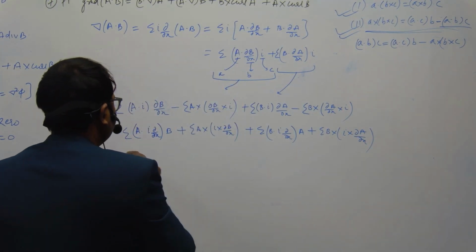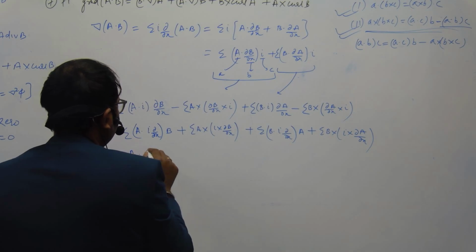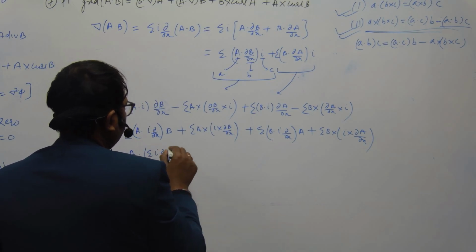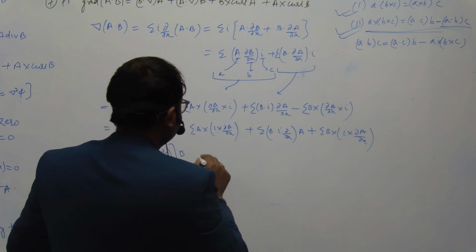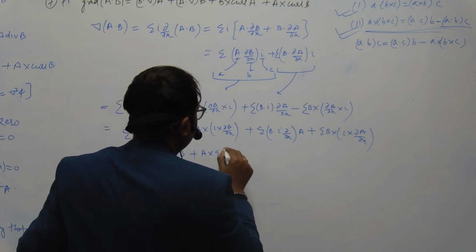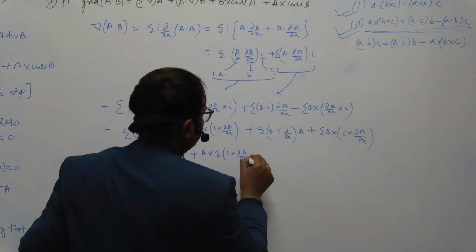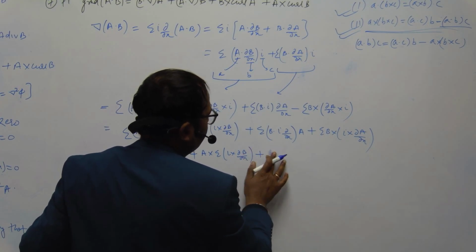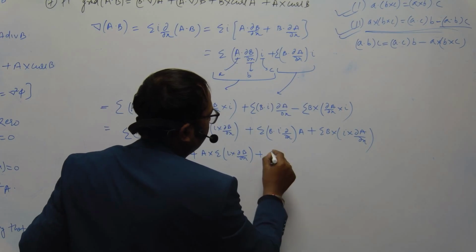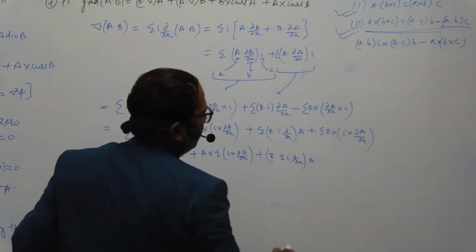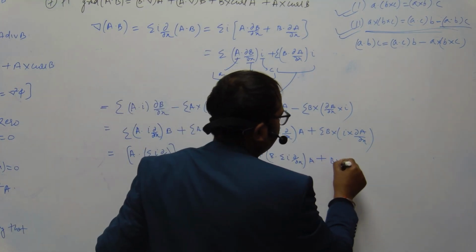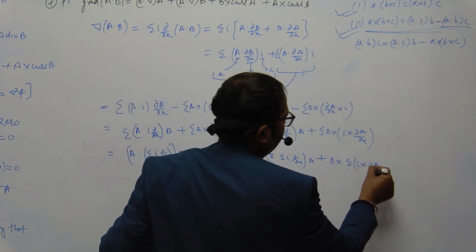Okay, so now let us further simplify this. So we have this as A dot summation I del upon del x. We can take A out because it is independent of summation, and this is B, plus A cross summation I cross del B upon del x, plus B dot summation I del upon del x, this is A, plus B cross summation I cross del A upon del x.